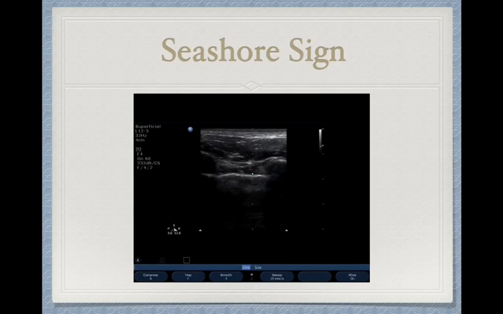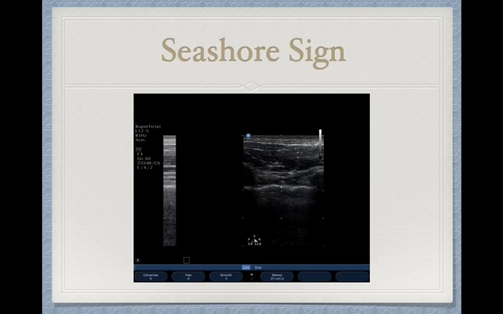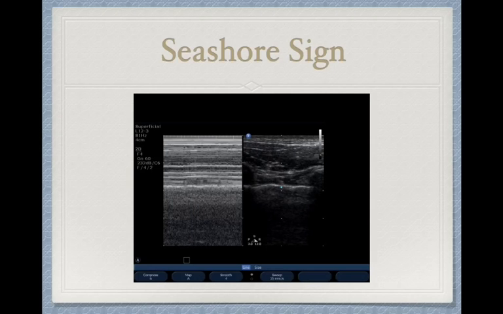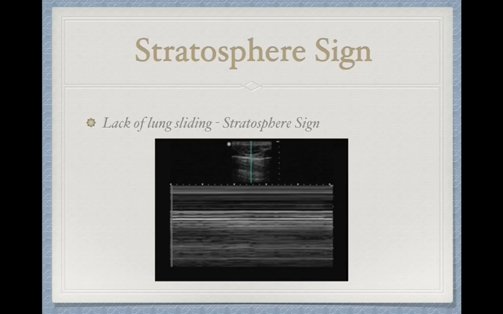Here's an example, a video of somebody doing the M mode function across the pleural line there. So again, you see we've got this nice seashore movement down there of the pleural line, and then up here is your chest wall, which is not moving, and that's why it's just a line across.